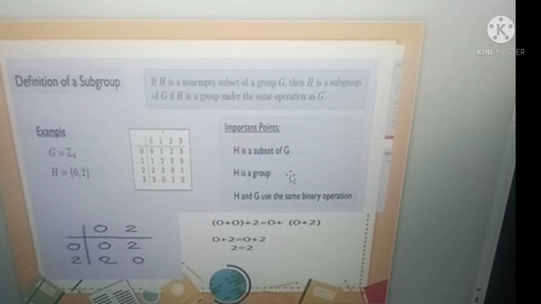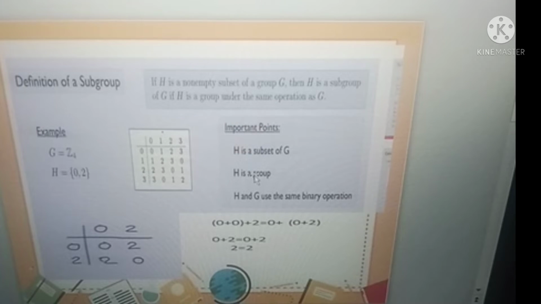As I said a while ago, we have four important properties by which we can consider that a certain group is really a group. The first property is closure. The second, associativity. The third is the identity.